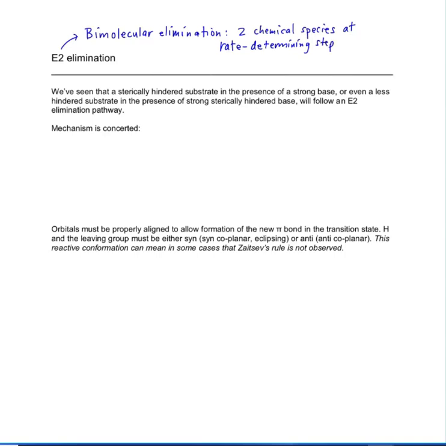We've already seen that E2 is favored by sterically hindered substrates in the presence of strong bases, and that the mechanism for the E2 reaction is a concerted one.